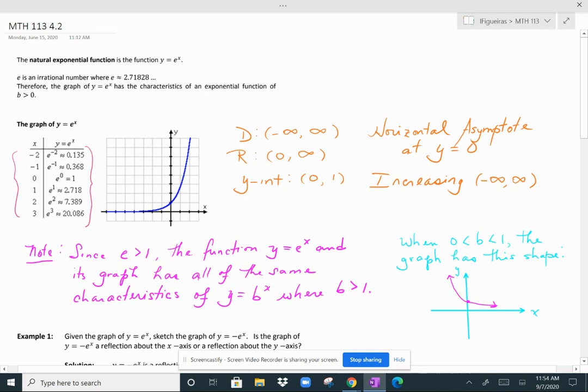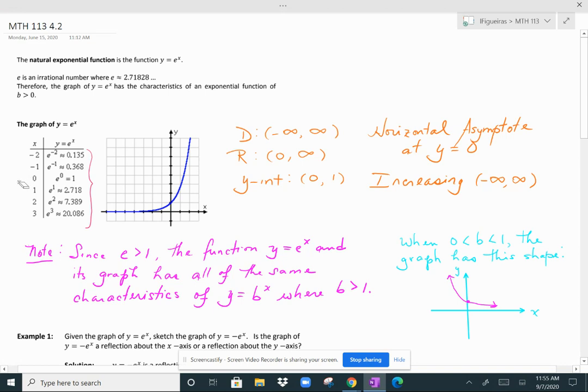Remember, anything to the 0 power is 1, so e to the 0 is 1. E to the first power is about 2.718. E squared is about 7.389, and e cubed is 20.086. So as x increases, you'll see that the y's get bigger much faster.